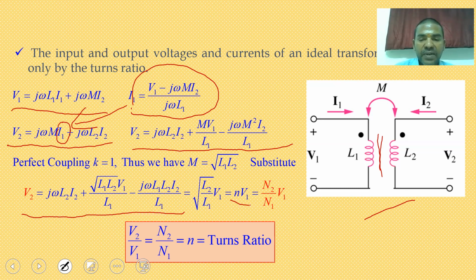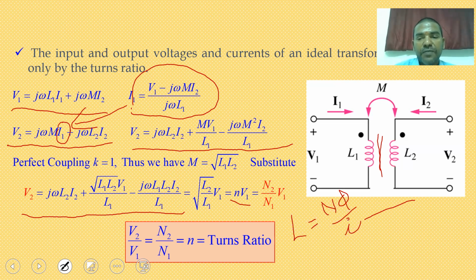Why am I taking this? Because L is equal to n phi by I. Are you understanding? So L1 is equal to n1 phi 1 by I1, and L2 is equal to n2 phi 2 by I2. If it is a best coupling, the current must be the same.